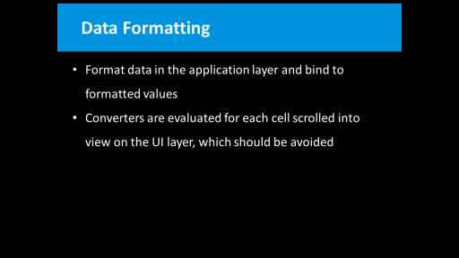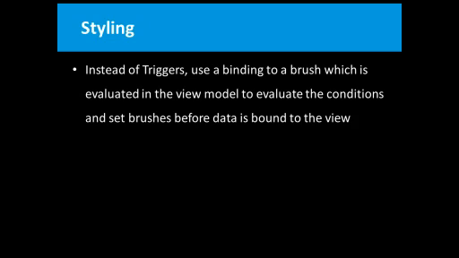So the grid doesn't really have to spend the time invoking converter logic when the user is scrolling. That's when the grid can focus on the actual measure and the range of all the cells which it has. As I mentioned earlier, converters are evaluated for each and every cell scrolled into view, so you definitely want to avoid that. Styling. This is a very important point.